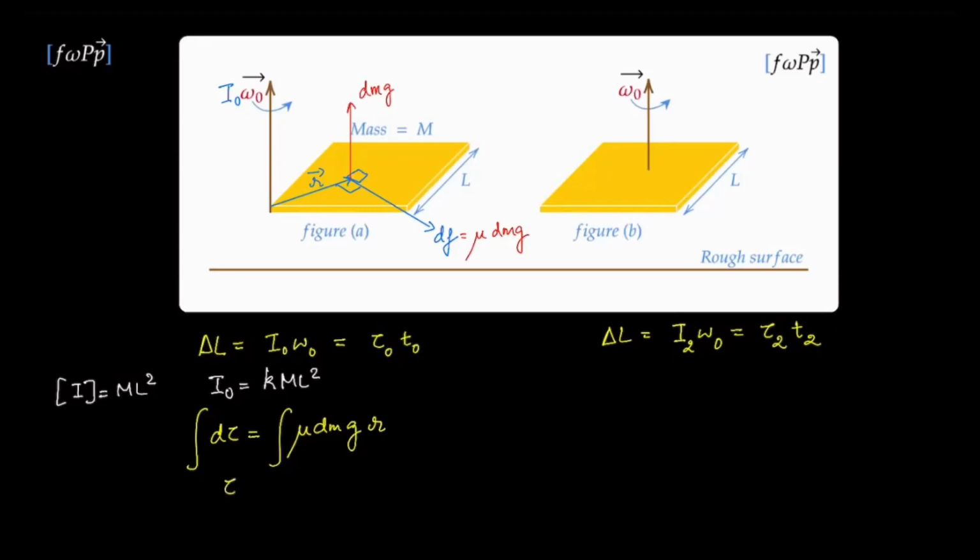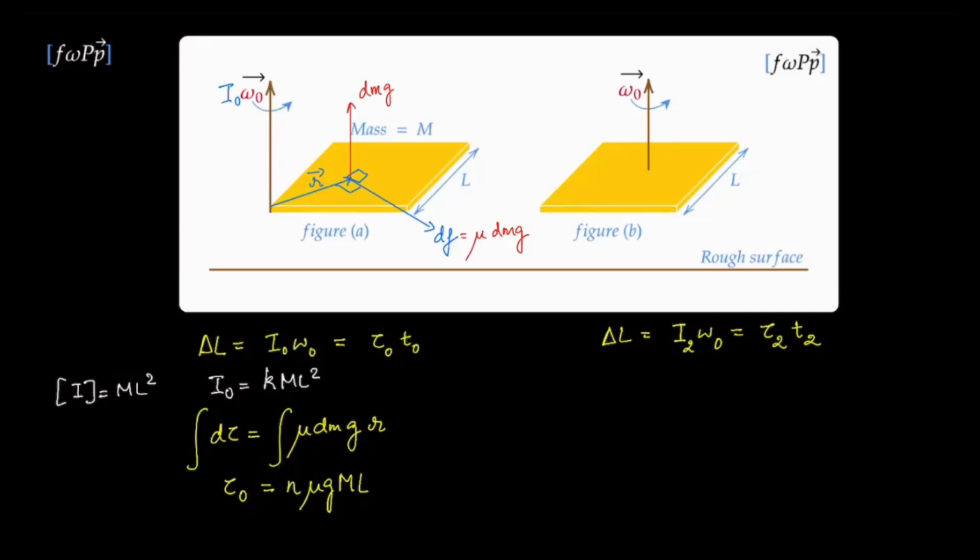Therefore, the torque in this problem, mu and g are constants, and this has dimensions of mass and that length. So this term tau naught can only look like mu g, the mass into length. Now, if that integration is actually carried out, there will be a numerical factor in front. We don't know that, and therefore we are going to call it n.